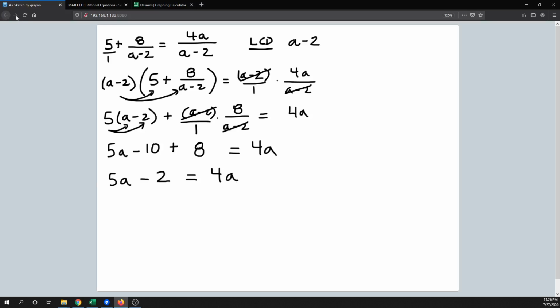So I would subtract 5a from both sides. On the left side, that's going to give me negative 2. And on the right side, 4a minus 5a gives me minus 1a.